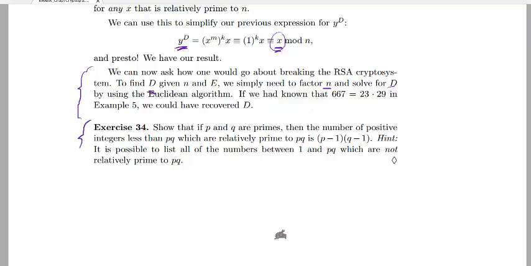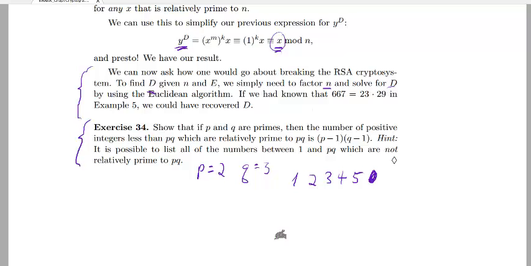Here's an exercise to show that if p and q are primes, then the number of positive integers less than pq, relatively prime to pq, is p minus 1 times q minus 1. Let's just do a simple example. For instance, we have to take 2 primes, so I can take p equal 2 and q equal 3. So here we have 1, 2, 3, 4, 5, 6. Well, I'm sorry, it has to be less than 6, so we only go up to 5.